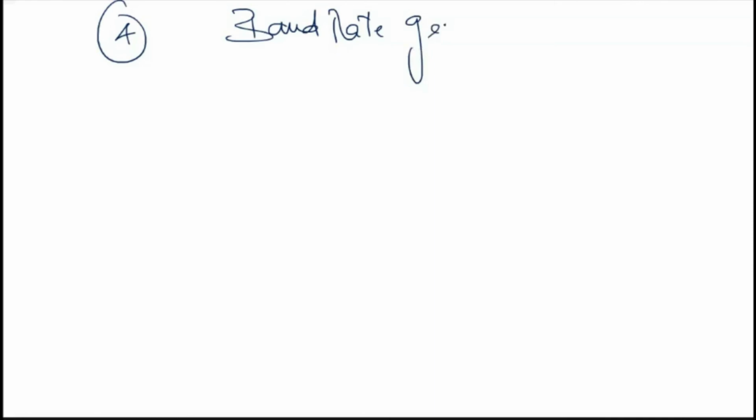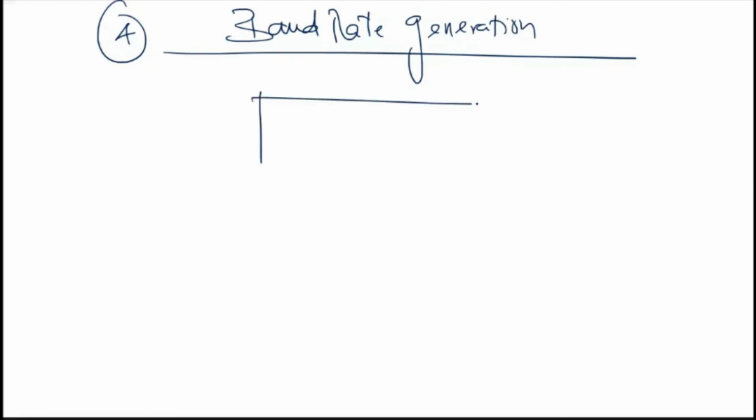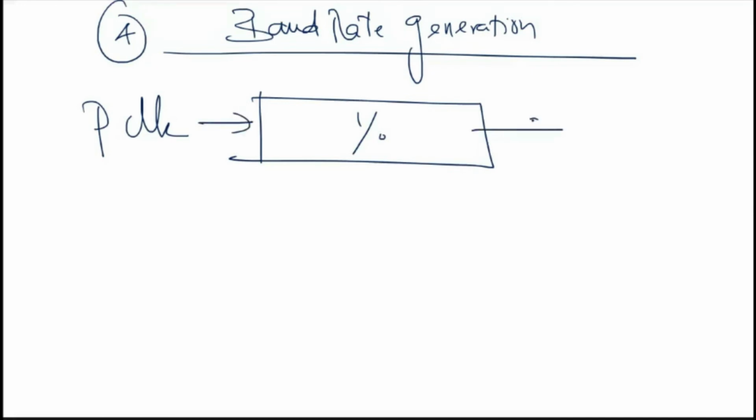4th one comes the baud rate generation. How do I generate baud rate? I take the P clock, and I divide that by a suitable factor, so that I end up getting my required baud rate into 16.